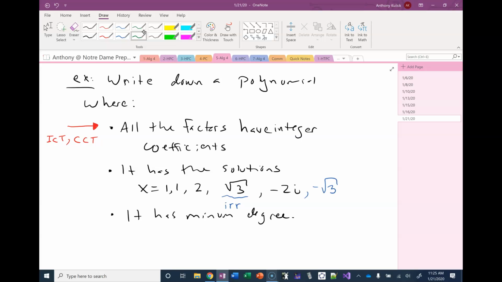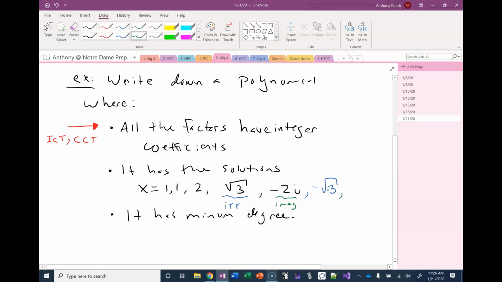Then we have to check the complex conjugates theorem. The complex conjugates theorem says something very similar. If you have a polynomial with integer coefficients, it has an imaginary solution if and only if the imaginary solutions come in conjugate pairs. So if I look at my list, do we have any imaginary solutions on our list? Negative 2i.